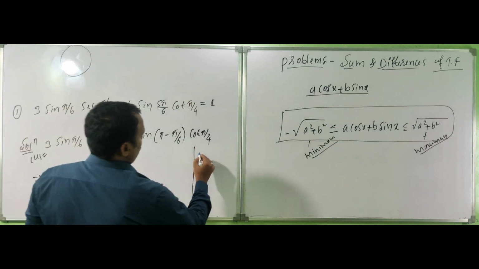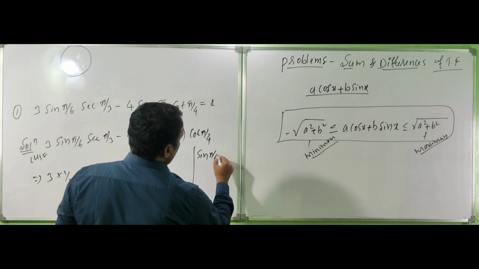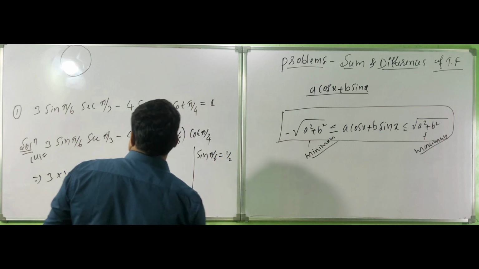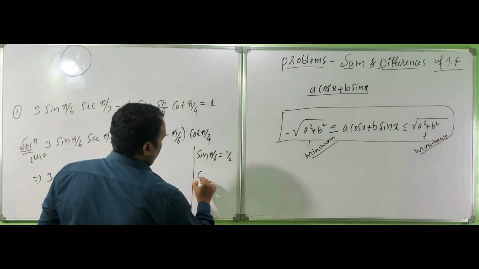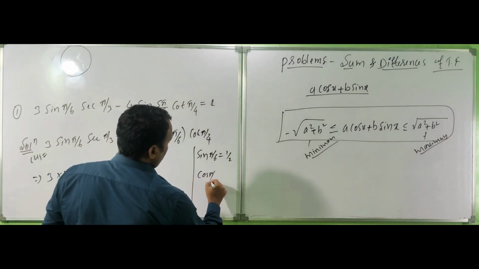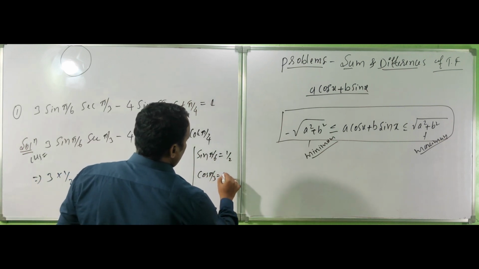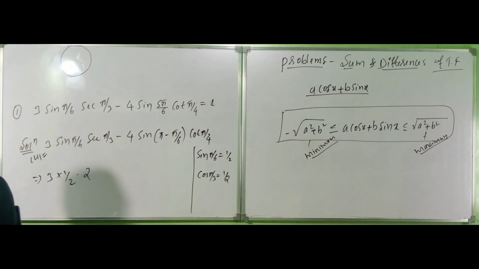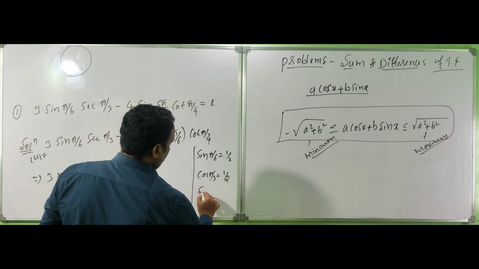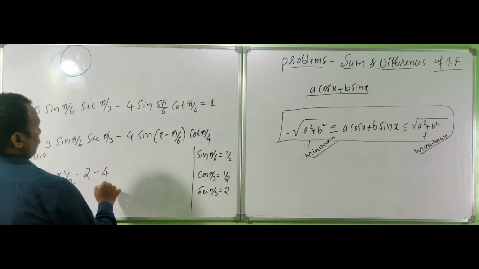Sec(pi/3): cos(pi/3) is cos 60, which is 1 by 2, so sec(pi/3) is 2. Then minus 4 sin(pi minus pi/6).